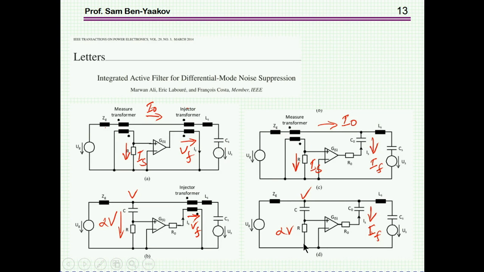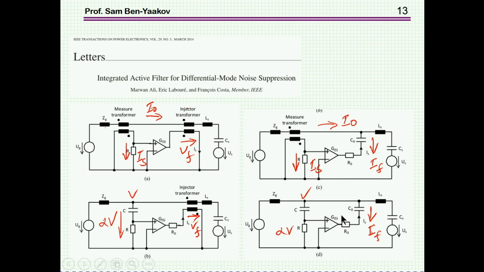We have seen this one, sensing the voltage here and sinking the current here. Rather than sensing the voltage, you can have a current transformer generating a voltage which is proportional to the ripple here, and then sinking the current. So this is a similar idea.